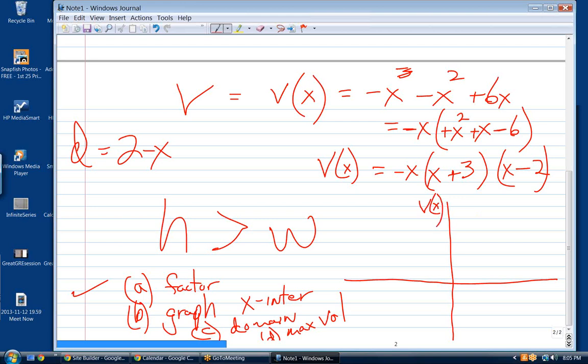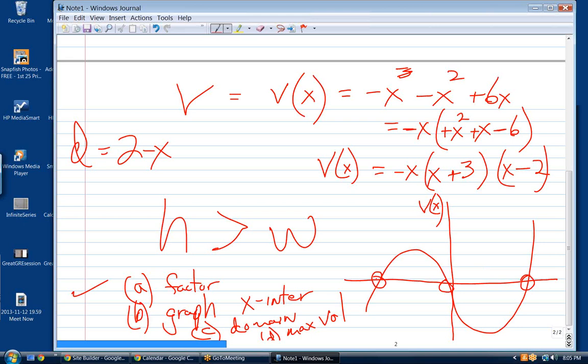What is v of x when this curve, whatever it looks like, is going to cross the x-axis? What is v of x when that happens? In other words, if I have a curve like that, every time it crosses the x-axis, what is v of x?